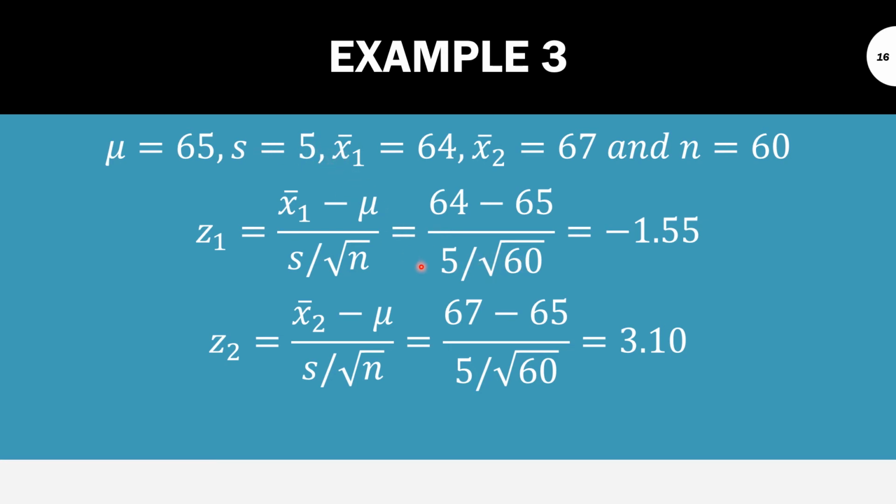Same goes with the second one. The only difference is x sub 1 and x sub 2. So from the first, we have negative 1.55, and from the second, we have 3.1. So those are the two values for z.